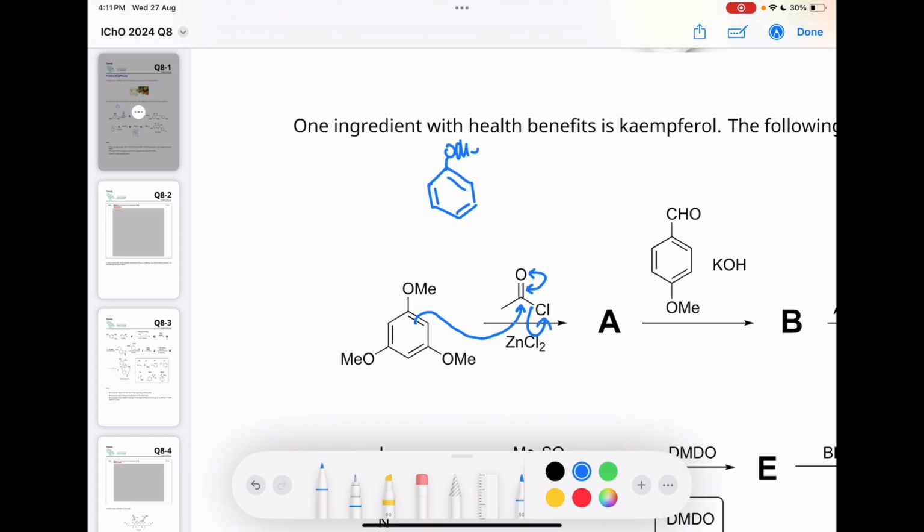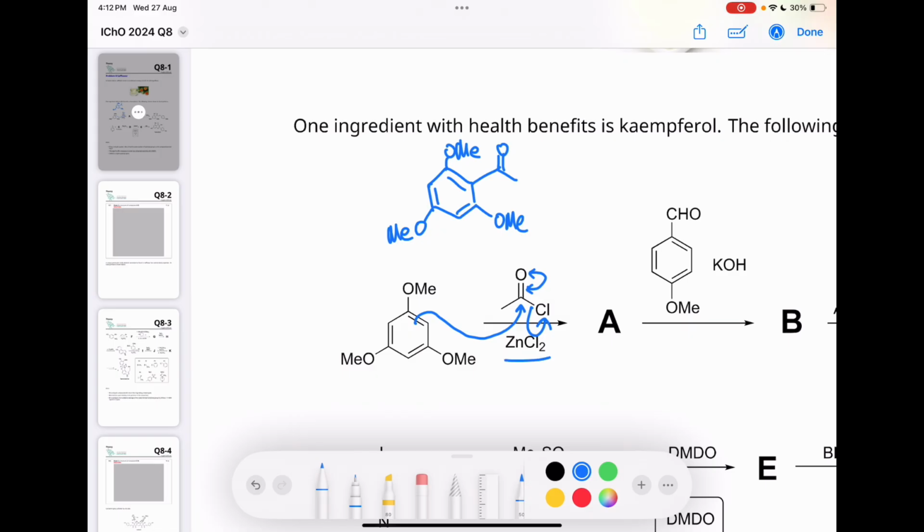As we know, OMe is a 2,4 directing group, so the acylation would occur at the second or the fourth position. However, because these two positions are the same, we are just going to pick any one of them, and we can add the acyl group there.